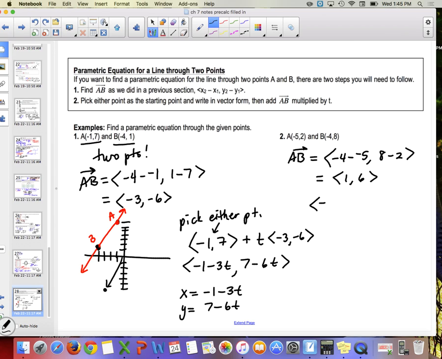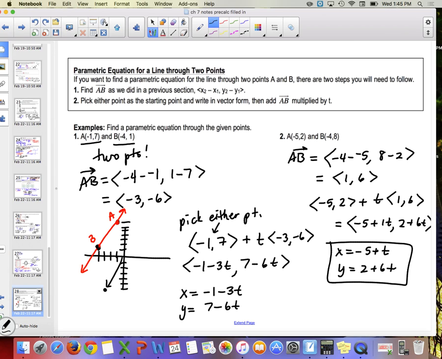So if I take my -5, 2, and then add t times 1, 6, I get my parametric equation. I have -5 plus 1t, and 2 plus 6t. Distribute the t in, combine your x's and y's. So we get x equals -5 plus t, and y equals 2 plus 6t. And that's our answer.